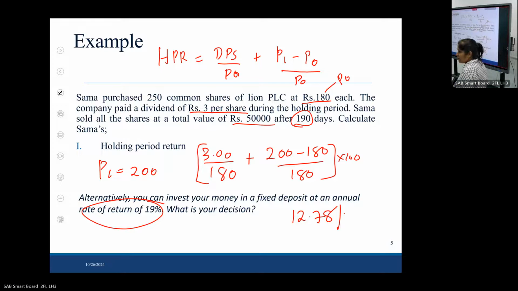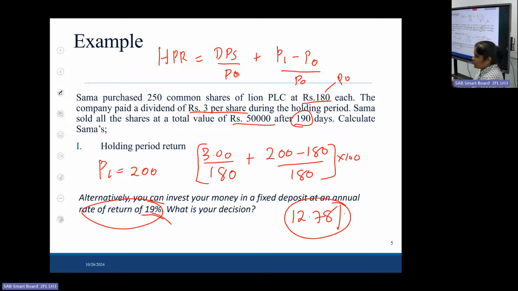Why? Tell me, don't worry. Yes, correct, that is the reason. Now you cannot compare this 12.78 with this 19% rate of return.